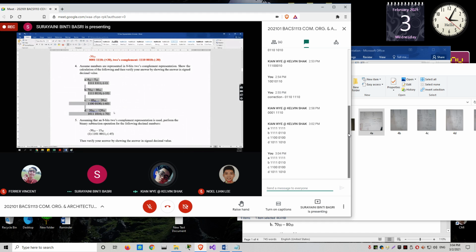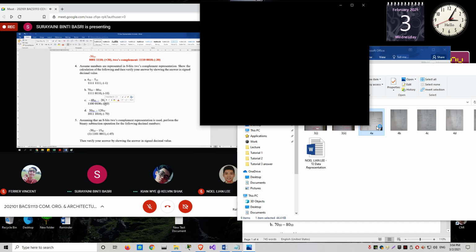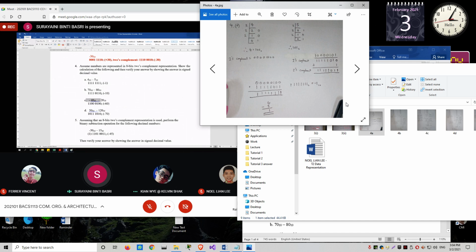Do you convert first and then do the working? When there are two negatives, you just convert both of them, you change them both to negative and then add together. Oh, this one.